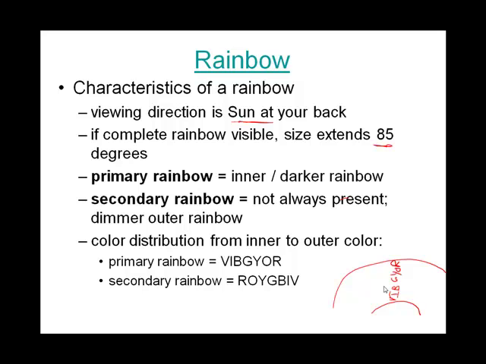Now if you see a secondary rainbow, it'll be further out. So that was my primary rainbow, and my secondary rainbow is out here, and actually the colors are going to be reversed. The inner one's going to be red, orange, yellow, green, blue, indigo, violet. This is my secondary. This is my first, my primary.